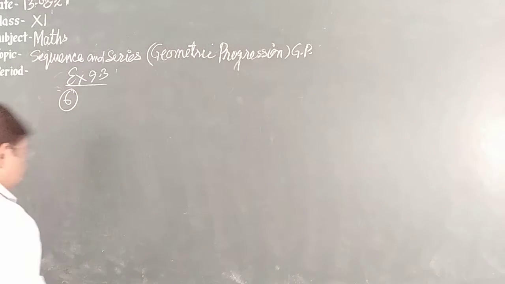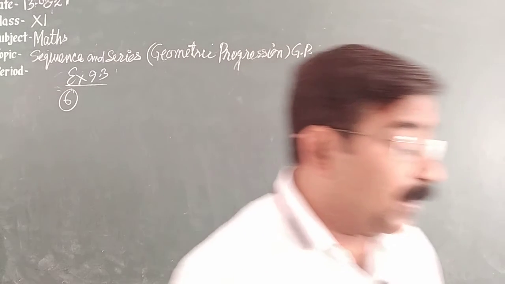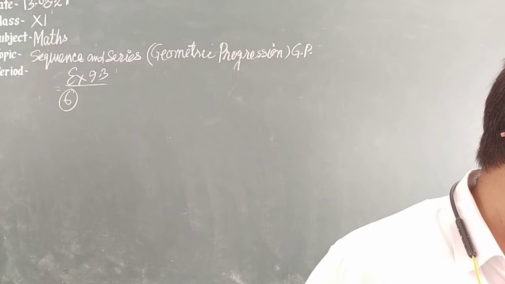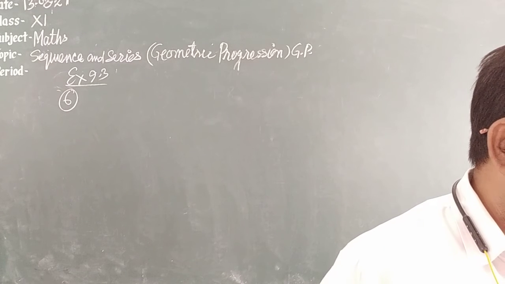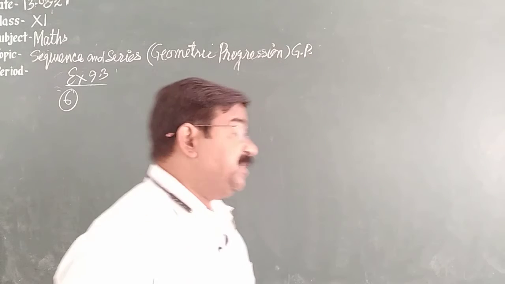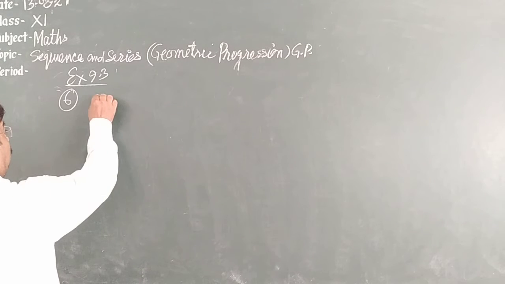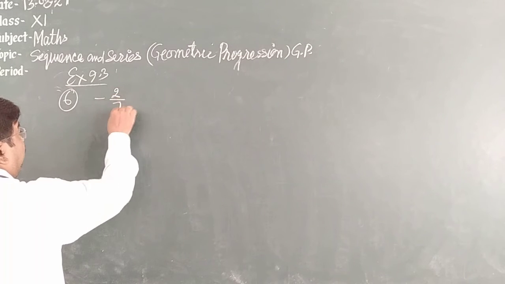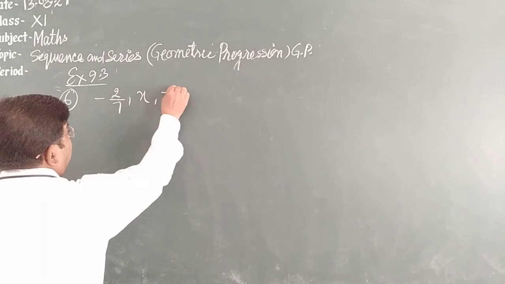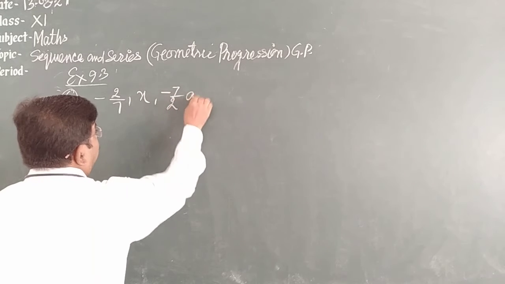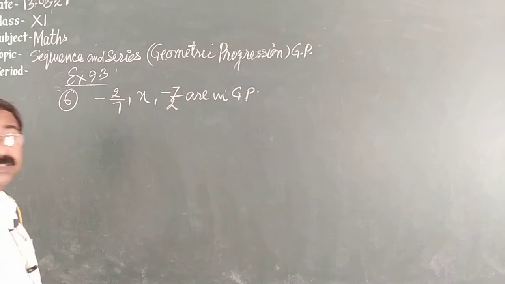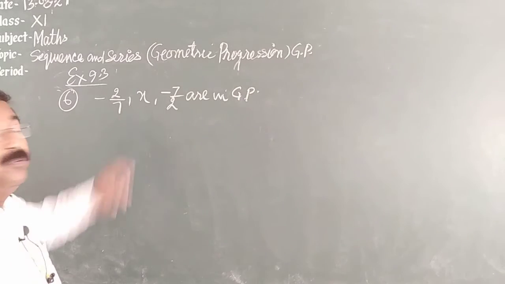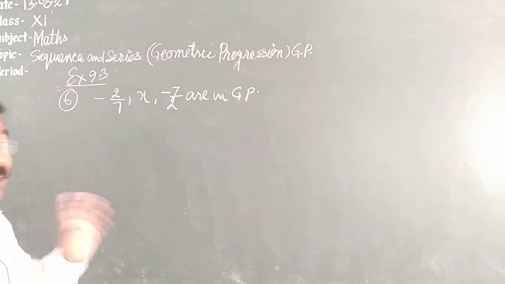In sixth question, let's see what is given. We are given: for what values of x are minus 2 upon 7, x and minus 7 upon 2 in GP? So this is just the middle term we have to find, or you can say geometric mean.